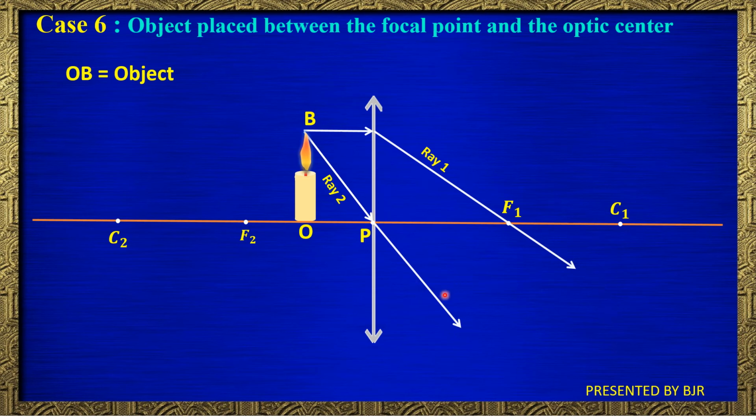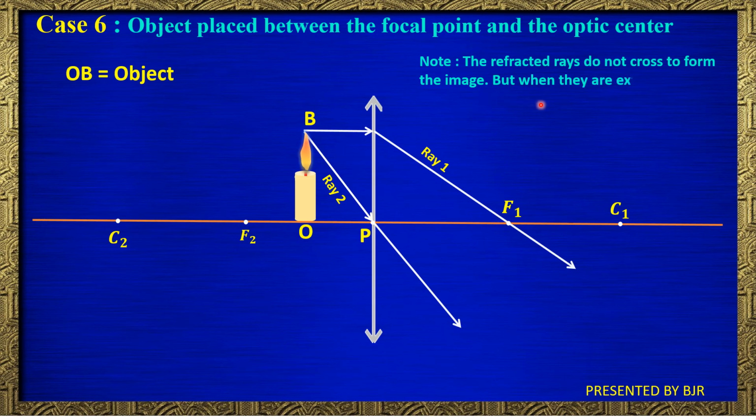Now see here, what we have to do in this case is extend them backwards. Let us extend them backwards. Note, the refracted rays do not cross to form the image, but when they are extended backwards, they meet and form a virtual image.